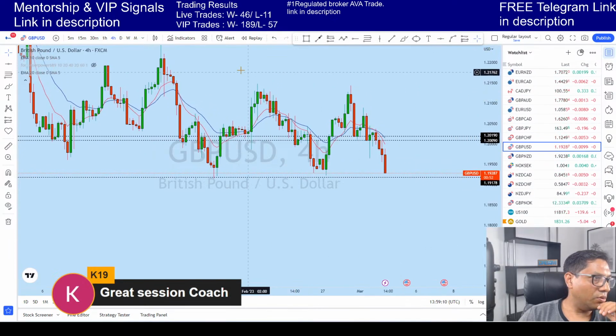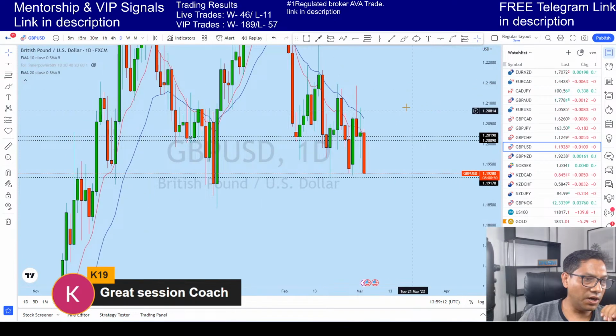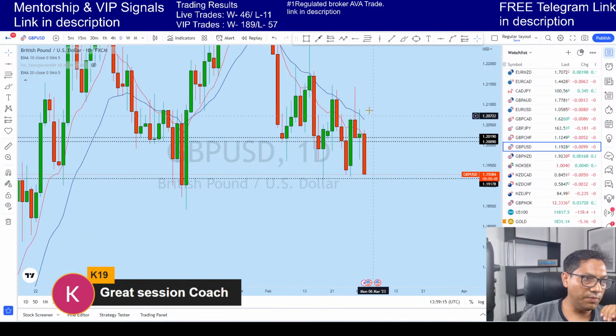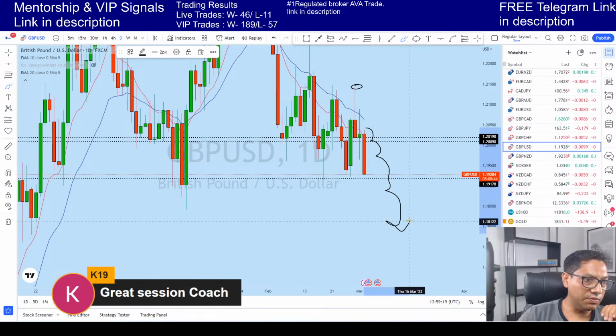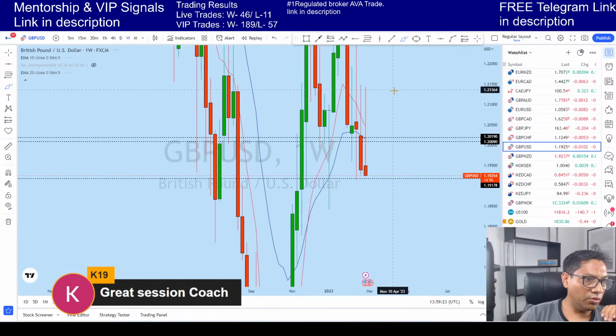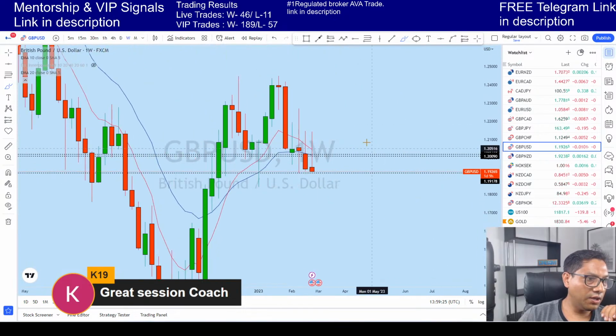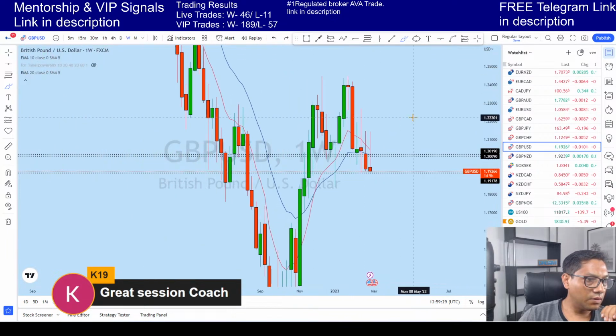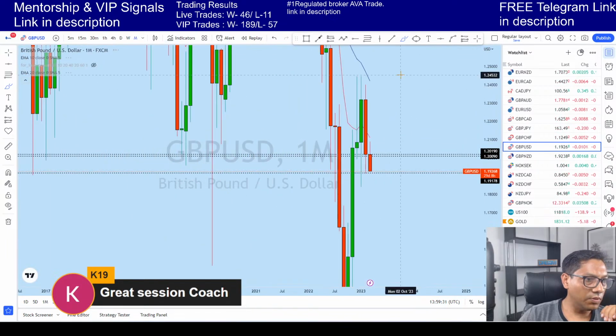With that, GBP USD also, we see that this market, after testing the 20 EMA multiple times and grabbing liquidity, is now slowly trying to break down from the weekly, from the monthly.